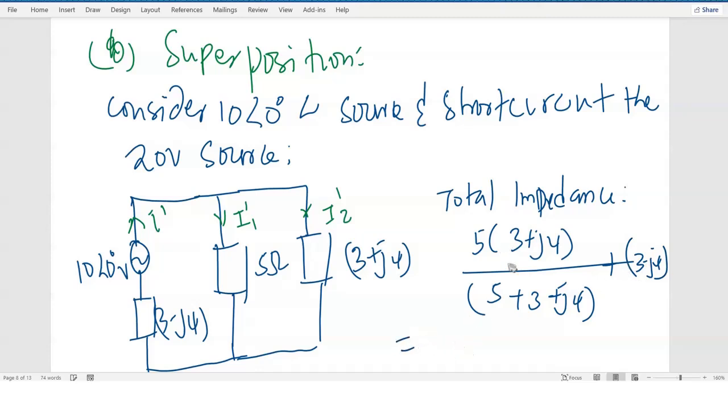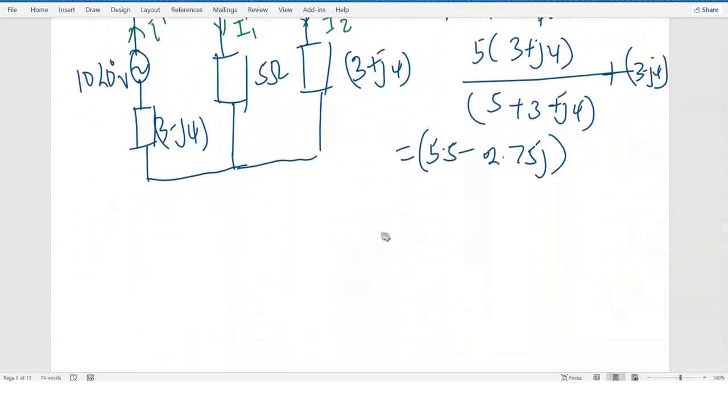If I evaluate that, it gives me 5.5 minus 2.75J, so Z total prime is 6.149 at an angle of 26.57 degrees.